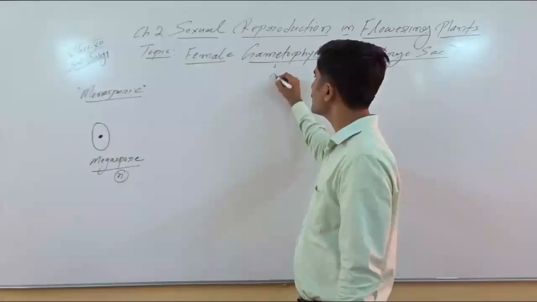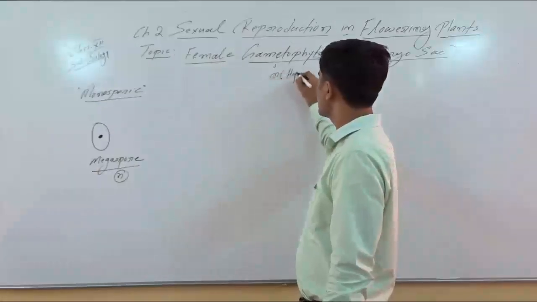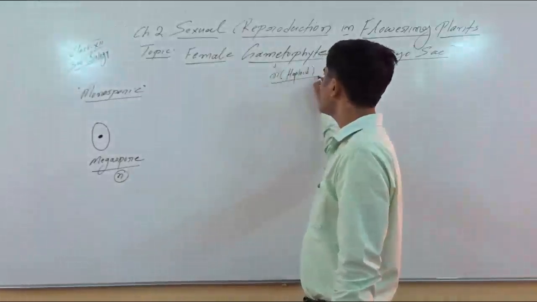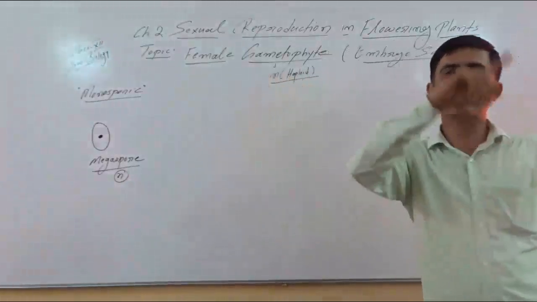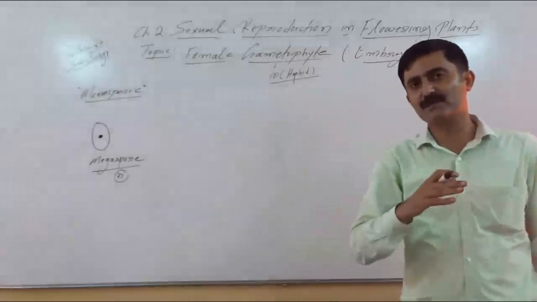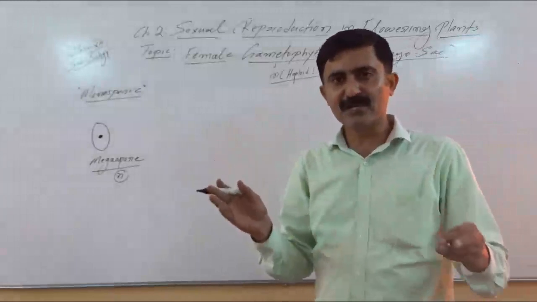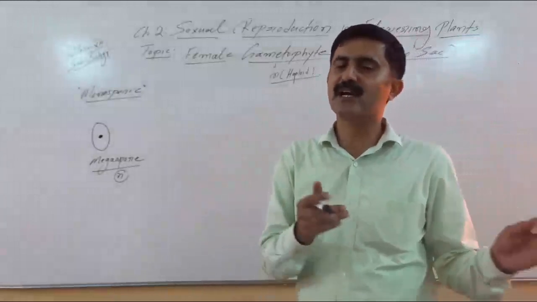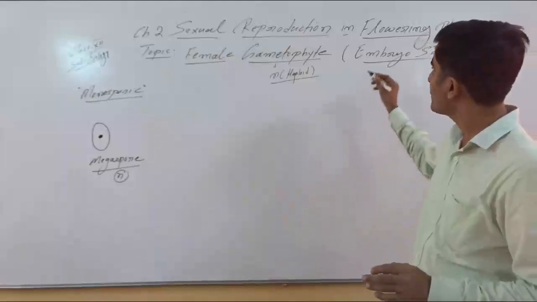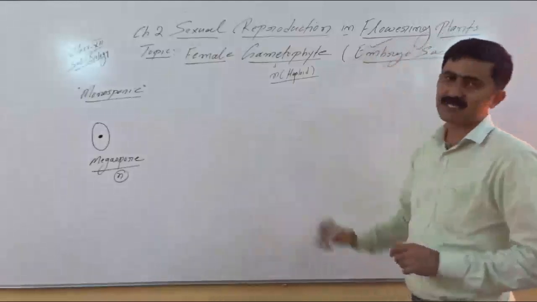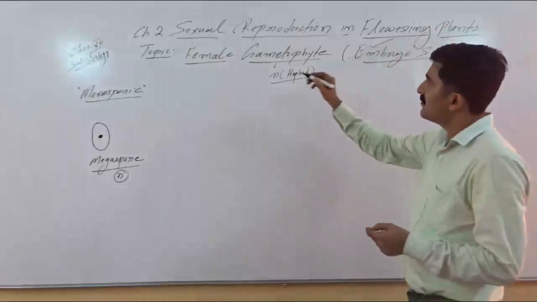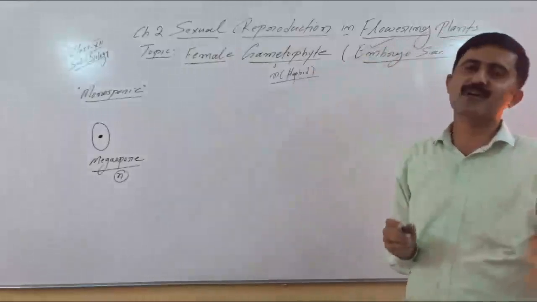Gametophyte, all of us know, is a haploid stage of life cycle. So when we talk about life cycle of any plant, particularly angiosperm, the diploid sporophytic stage is dominant, and the gametophytic stage is represented by embryo sac, which is present within ovule, and male gametophyte is represented by pollen grain.